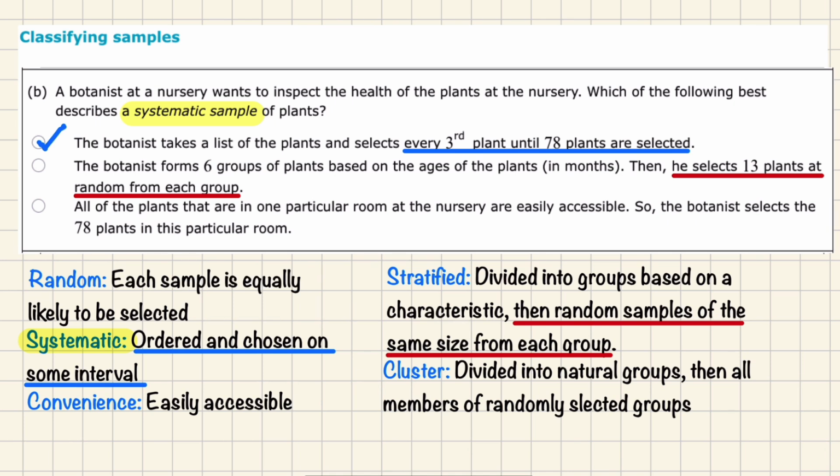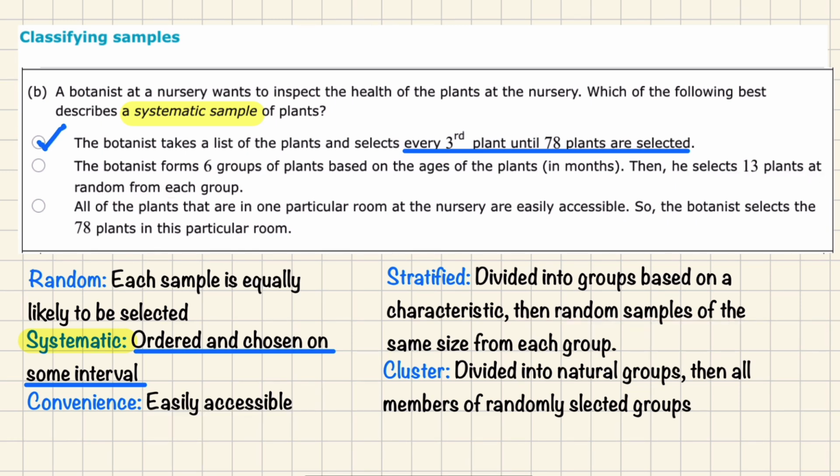And then for the third option, all of the plants that are in one particular room at the nursery are easily accessible, noticing the easily accessible part. So the botanist selects 78 plants from that room. That would be a convenience sampling. So again, the first option here is systematic.